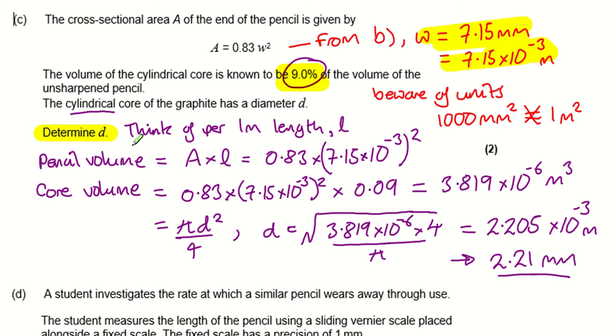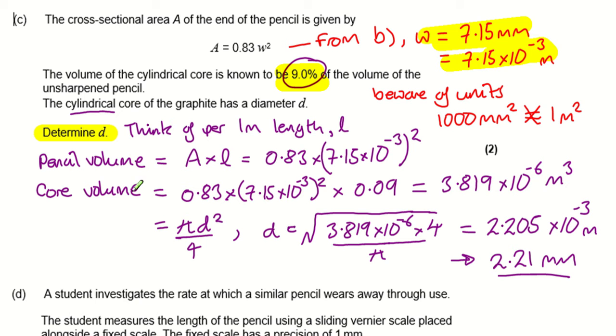So I said, right, let's have 1 meter length just to make it easy. You've got a 1 meter pencil, but I just thought that makes the maths easy. Work out the volume. Well, for the whole pencil, it's the area multiplied by the length of 1 meter. So it's 0.83 multiplied by the W squared. I haven't bothered putting the number because I'm only going to use it later on.